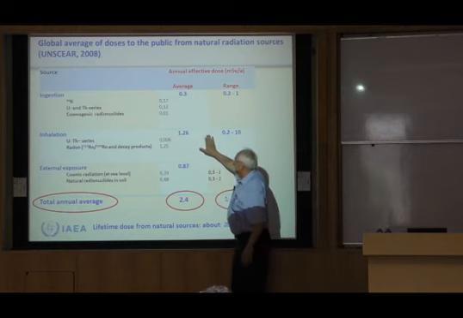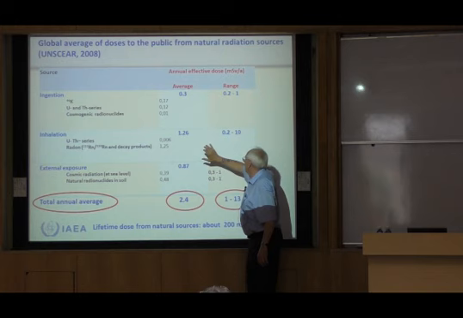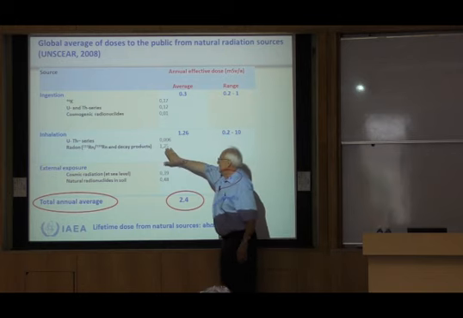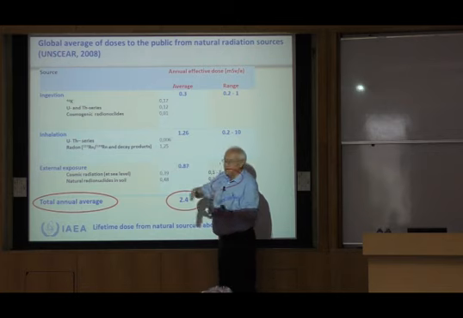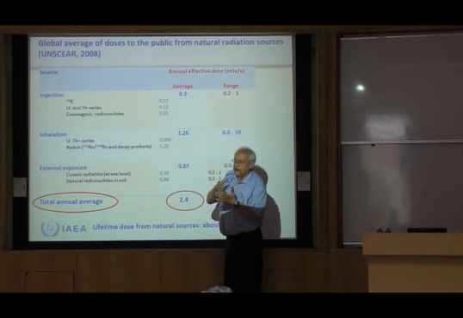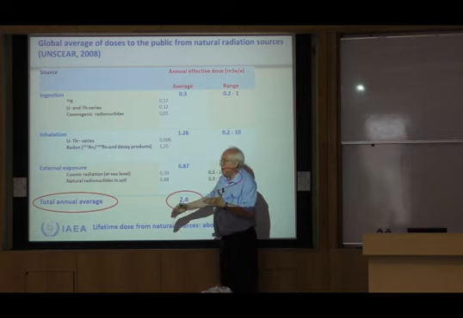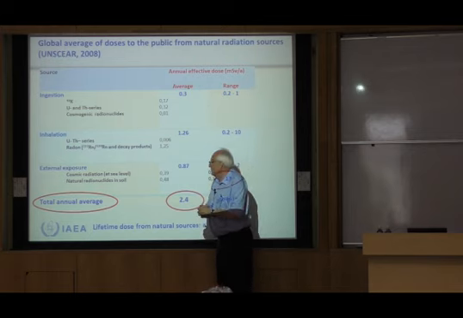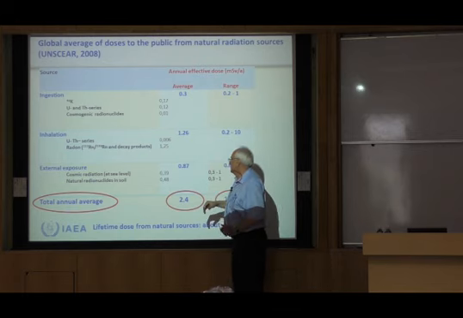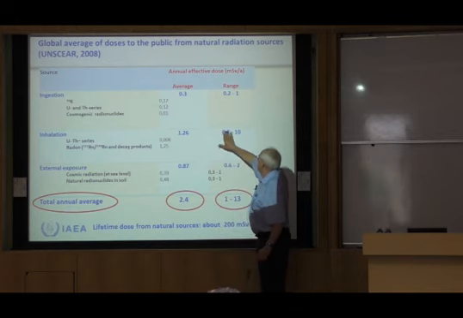Very important is the inhalation, and this is in particular the inhalation of radon and radon daughters. Radon has a half-life of 3.8 days, and it rapidly decays to other radioactive isotopes. And also the range of inhalation is quite high.